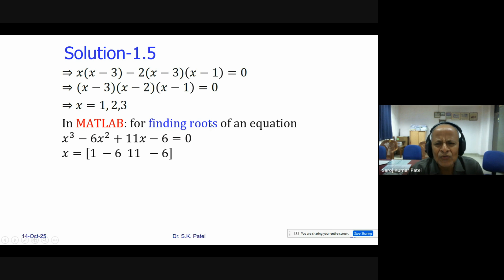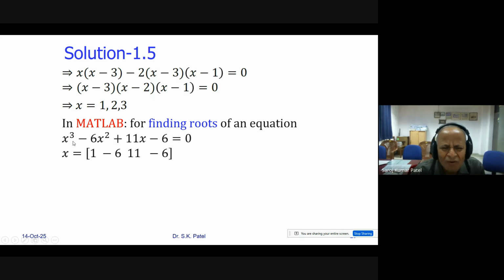To use MATLAB, you first write down the coefficients of the powers of x in descending order. Here the highest power of x is 3, that is x cube, and its coefficient is 1. So first write down 1.